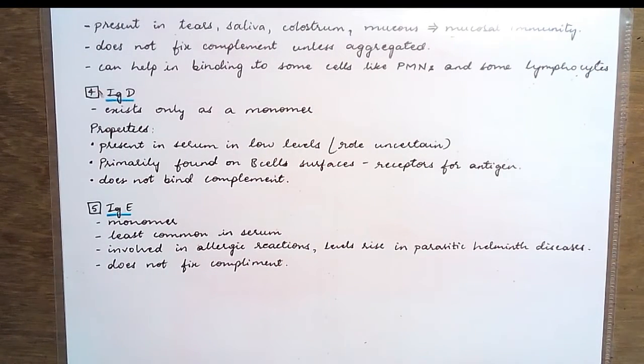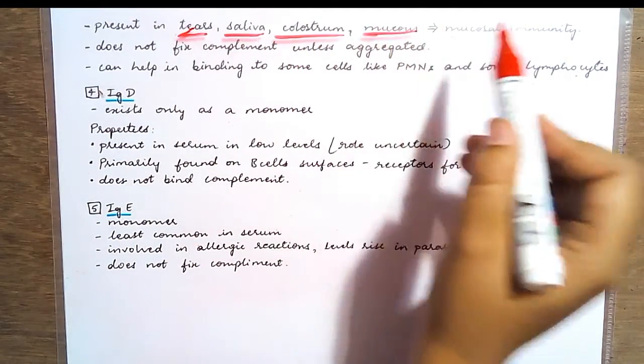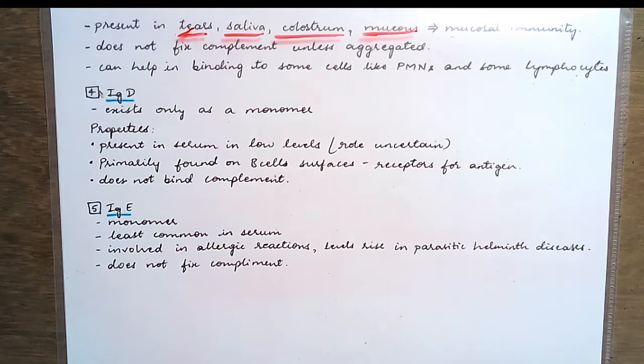As I said, the IgA are present in tears, saliva, colostrum, mucus, and hence are responsible for mucosal immunity. Mucosal immunity, I mean to say the soft skin part of our body, which is the lining of our oral cavity, the lining of our eyes, the lining of our nose, the inner lining.